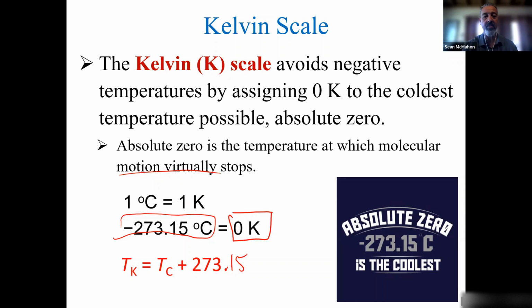In this class, I'm a little more lenient, but you would add 273.15 to whatever degree Celsius you have. So what does that mean? Well, if I'm at negative 273.15, which is absolute 0, and I add 273.15, that would give me the absolute 0 Kelvin.